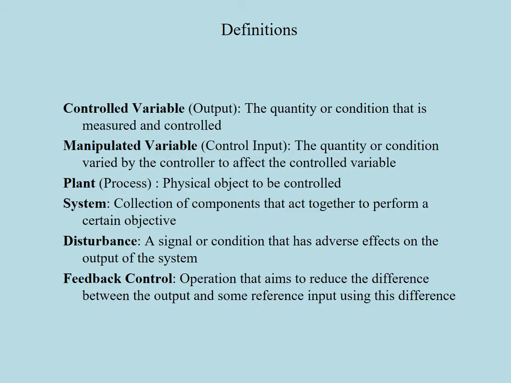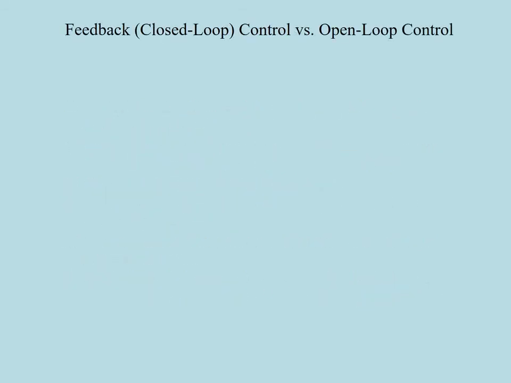So, we would like to reduce the difference between the output and some reference input, and we would like to do this using this difference. That means we will need to measure and monitor the output of the system. Feedback control is also known as closed-loop control.